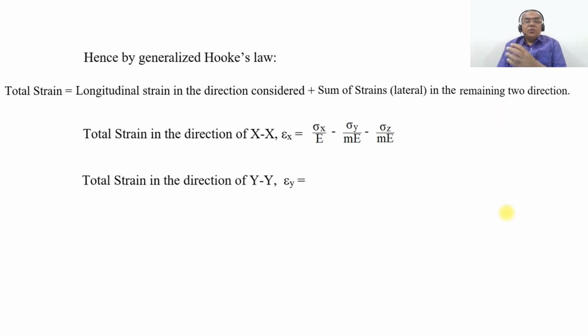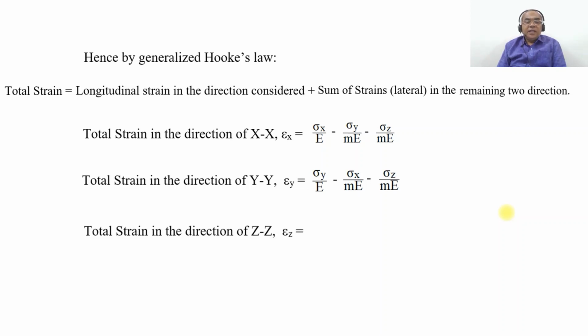Again, total strain in the direction of yy will be equal to sigma y by E minus sigma x by m into E minus sigma z by m into E. Similarly, lateral strain in the zz direction will be epsilon z, which is equal to sigma z by E minus sigma x by m into E minus sigma y by m into E. So this is how you are going to get this.